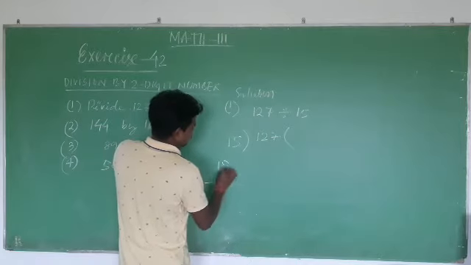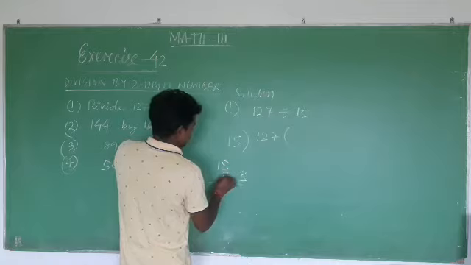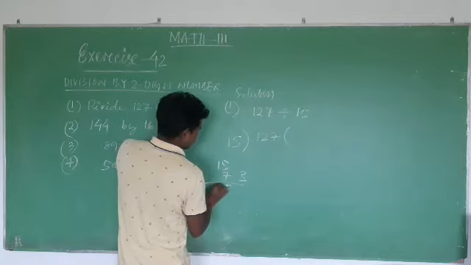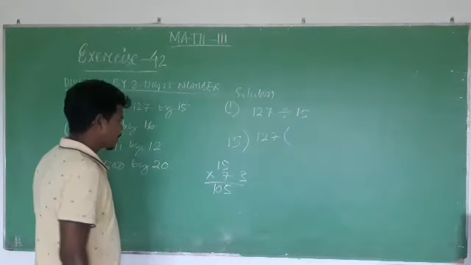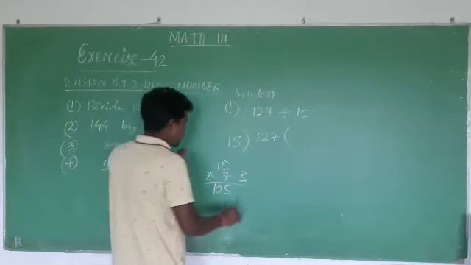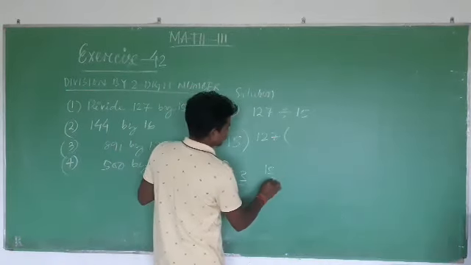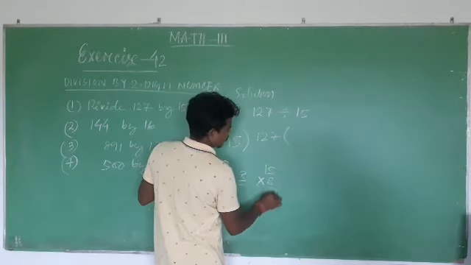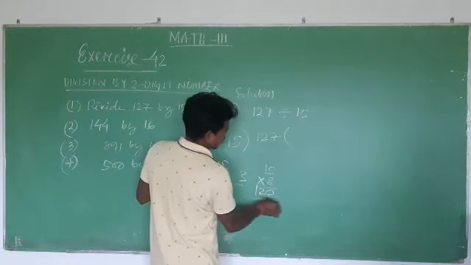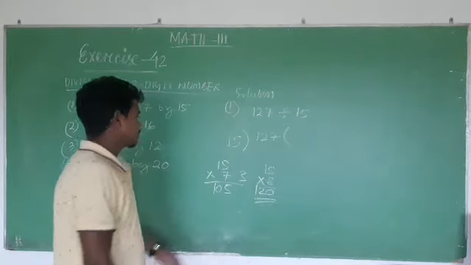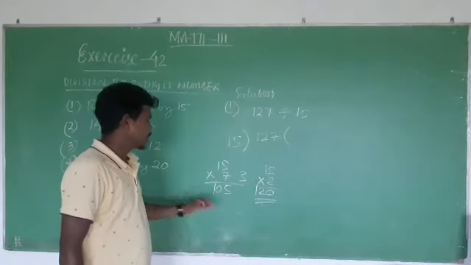Okay, 15 7 is: 7 5 is 35, 7 1 is 7 plus, this is 105, right? 15 8 is what? 8 5 is 40, 8 1 is 8 plus 4 is 12. Right? So 15 9 will be what?